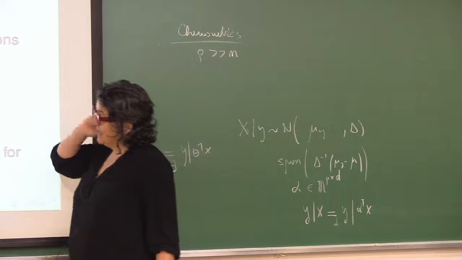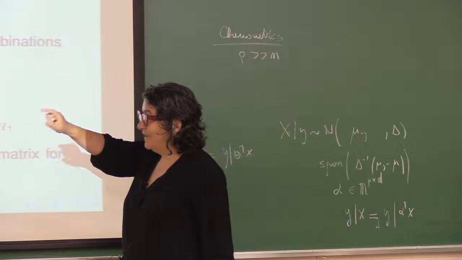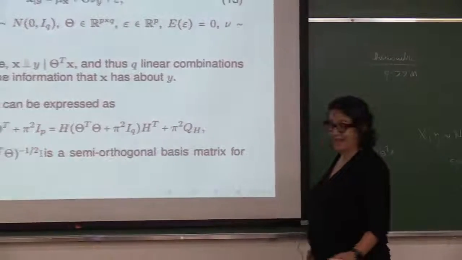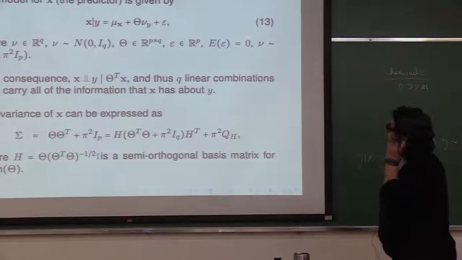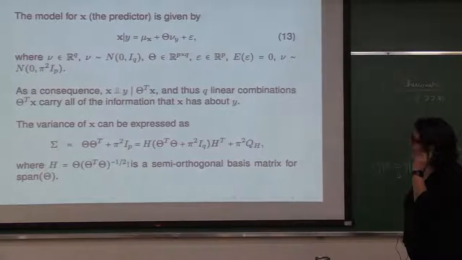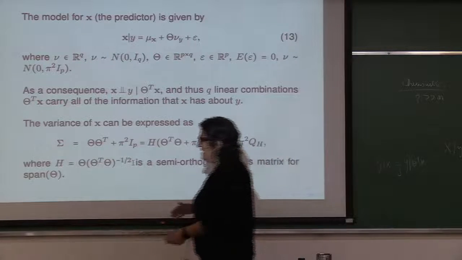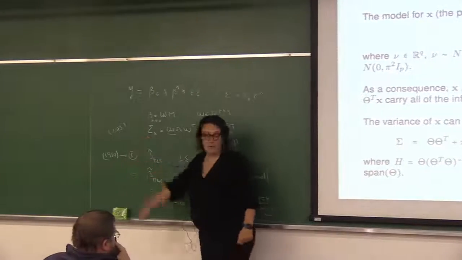This theta is the PLS one. I mean, it can be shown that if Y is linear in X, this theta is the same as the one that we have there. Okay. And then let's do the variance of X, because for the PLS we need the variance of X to see where we have our information.